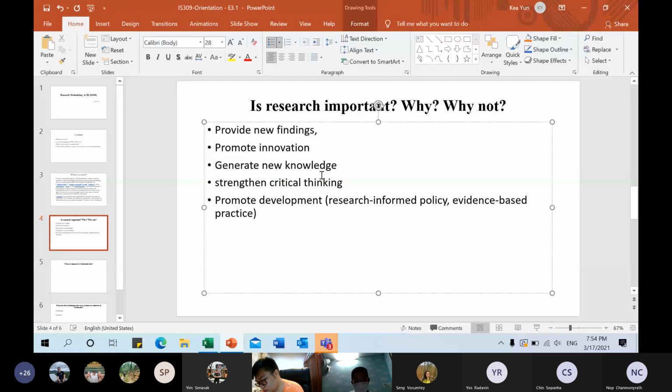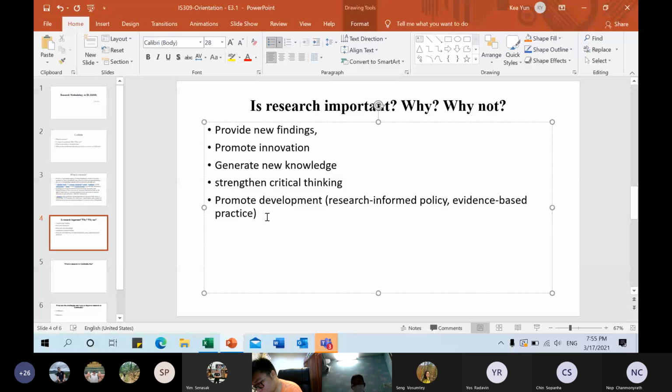You can have critical thinking only when you have research skills as well. Otherwise, your critical thinking is too shallow. It's not in depth because you lack a research base. Promote development through research-informed policy, evidence-based practice.